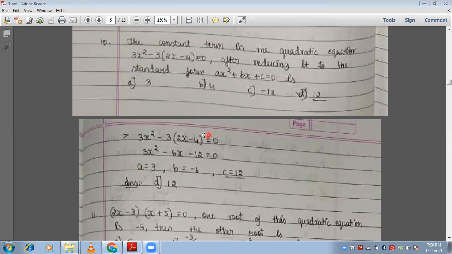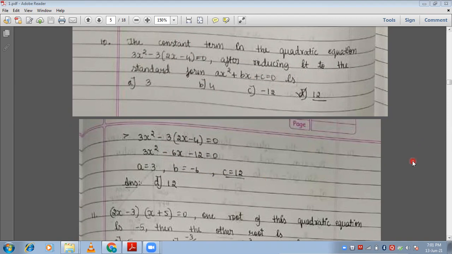Constant c you need to find out. Simplify this one. You will get the equation 3x square minus 6x minus 12 is equal to 0. The value of a is 3, the value of b is minus 6, and the value of c is minus 12. But what is the question mark? The constant term. The value of c is minus 12. So option D is correct.